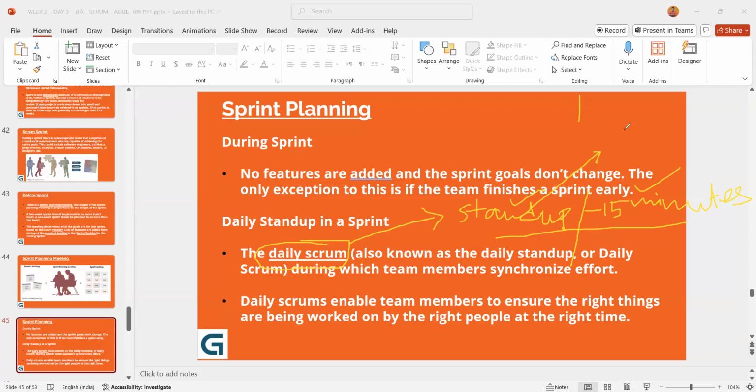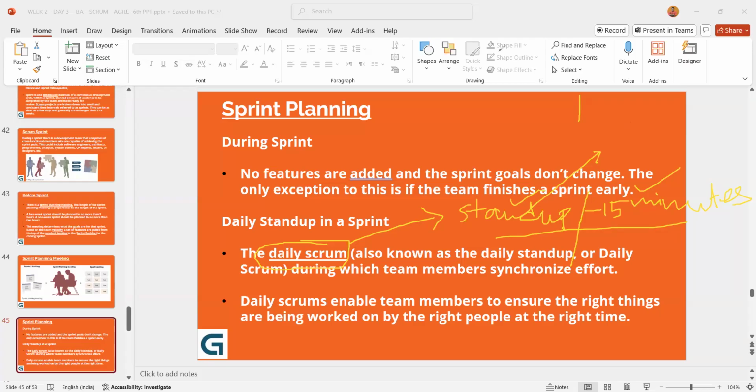But what if there are multiple teams in different time zones? One is in India, one is in the USA, another one is in Australia, and a third one is in the Philippines or somewhere. How will you make sure that everyone is standing up? Or how will you run this stand-up meeting?